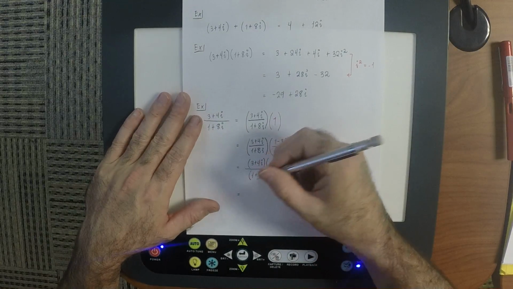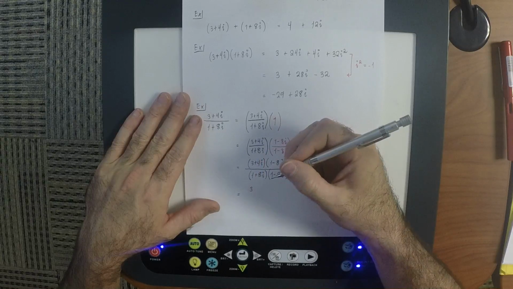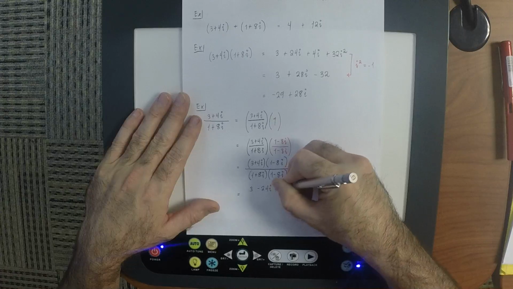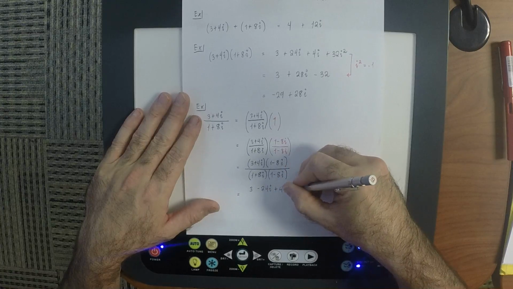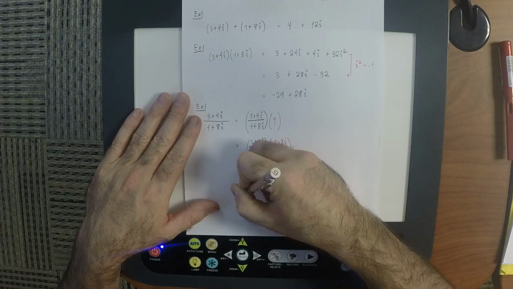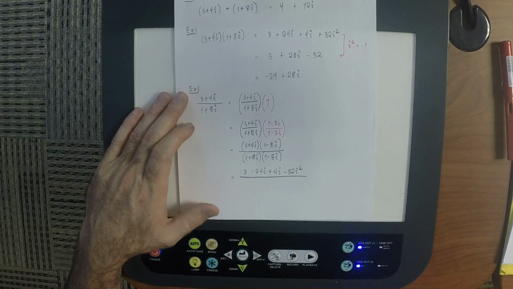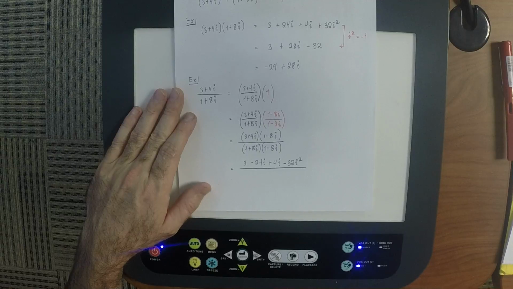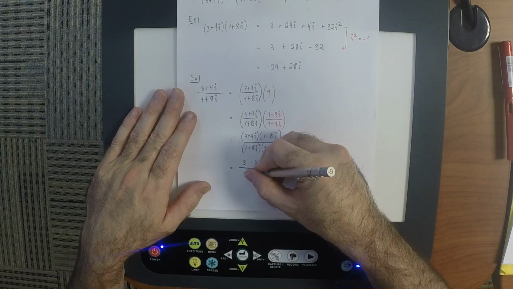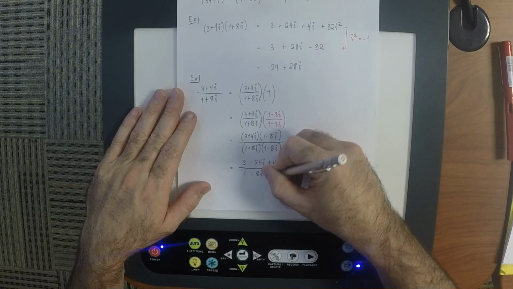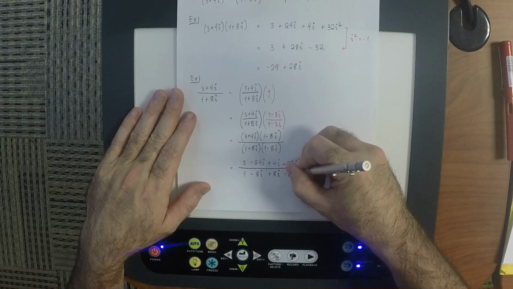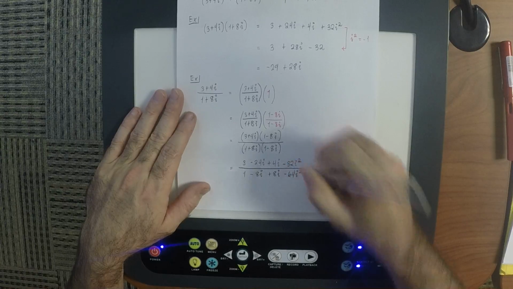So that would be 3 minus 24i plus 4i, and then minus 32i squared. The denominator then would be 1 minus 8i plus 8i, and then minus 64i squared.